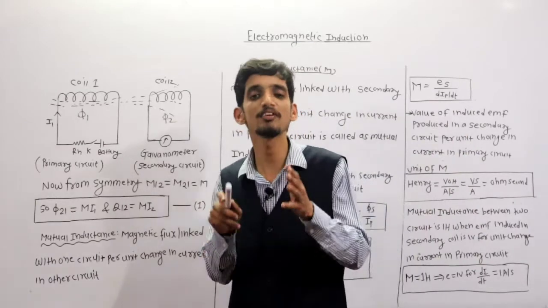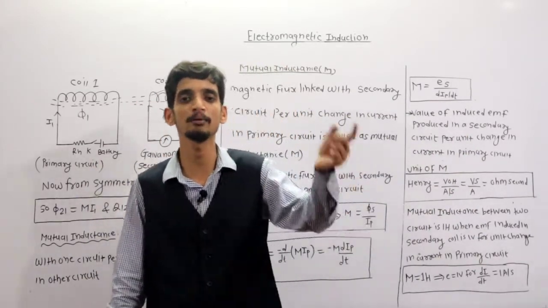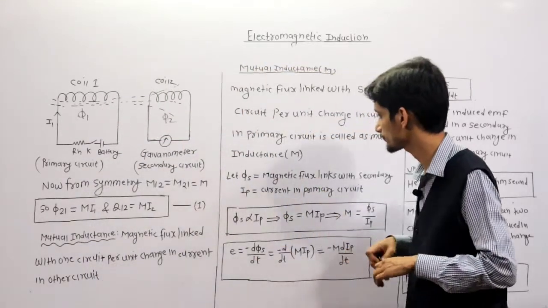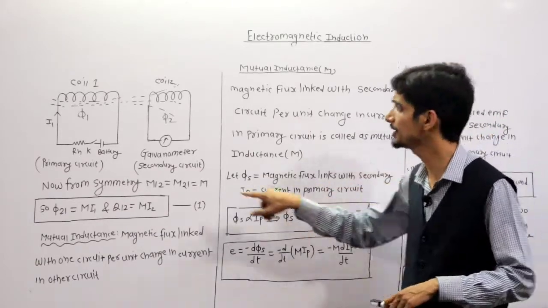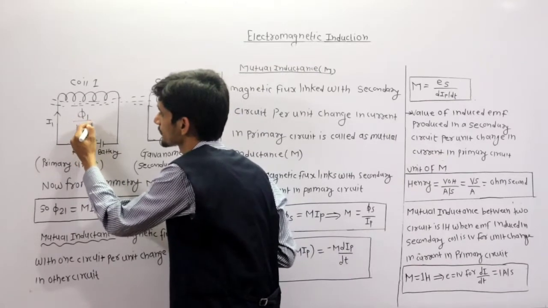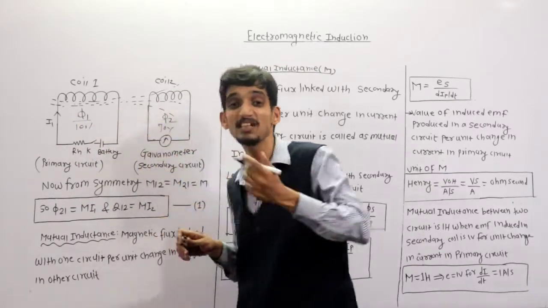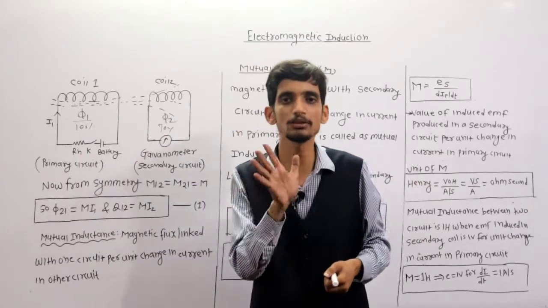Clear? The magnetic flux linked with the secondary circuit per unit change in current in the primary circuit is called mutual inductance M. Let phi S be the magnetic flux linked with the secondary. Suppose there is 100% flux, out of which 90% reaches here, meaning 90% of the flux links with the second coil and 10% is lost.